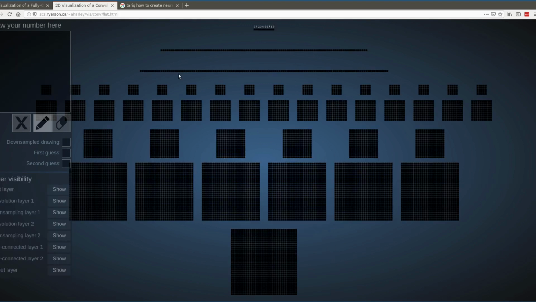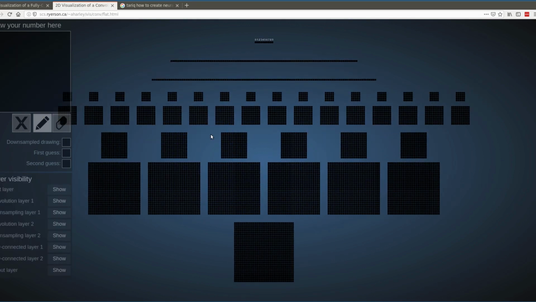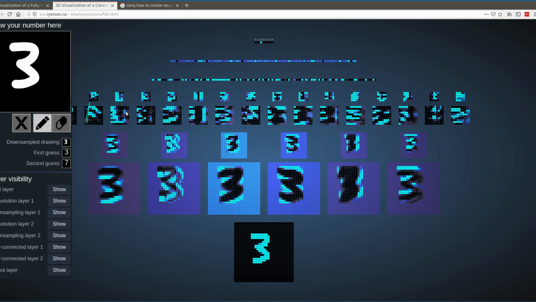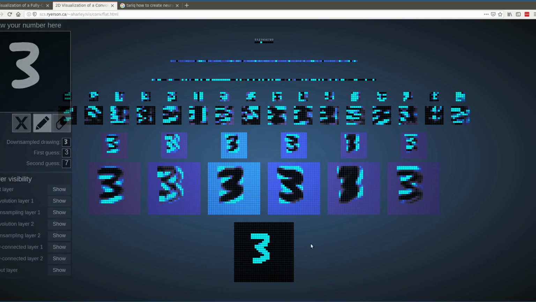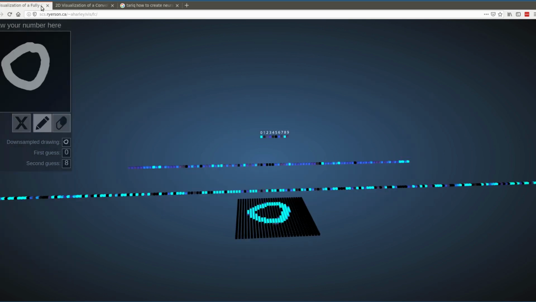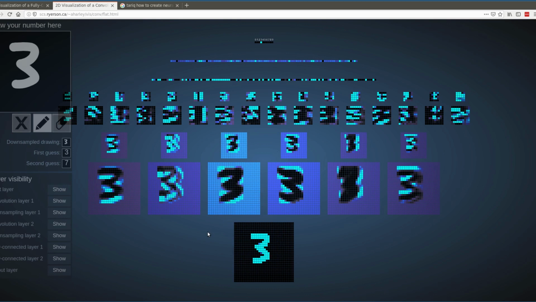Now, I want to show you another neural network, the convolutional neural network. Basically, I want to show you this one because you can see better in 2D than in 3D, and I want you to see what the neural network really does.